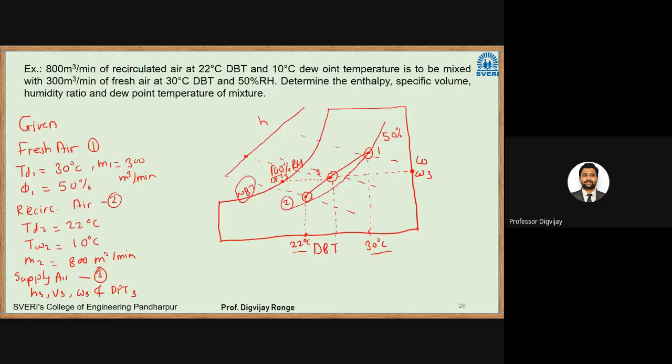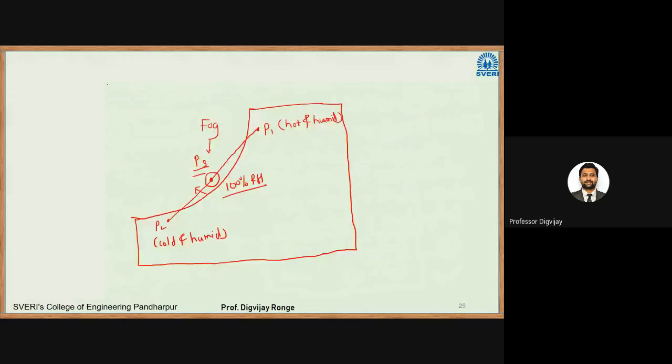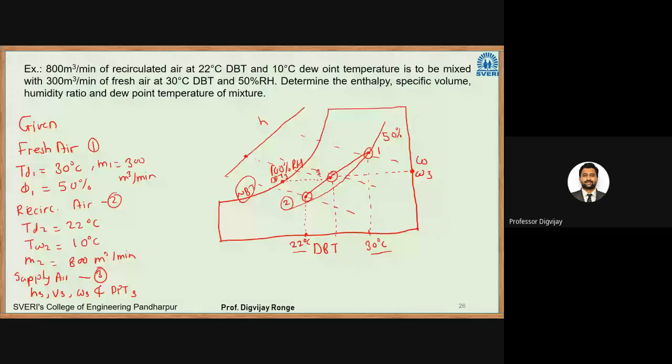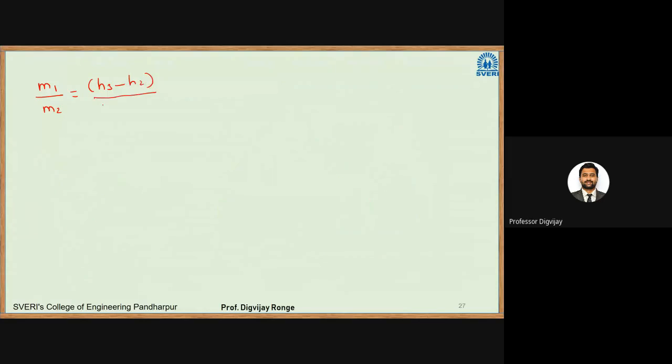From the derivation of adiabatic mixing, I have this formula: m1 upon m2 will be equal to (h3 minus h2) divided by (h1 minus h3). Now in this case, the mass flow rates are not directly given, so I have to calculate them.